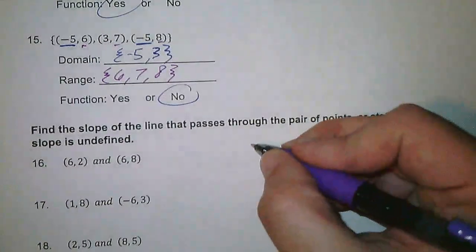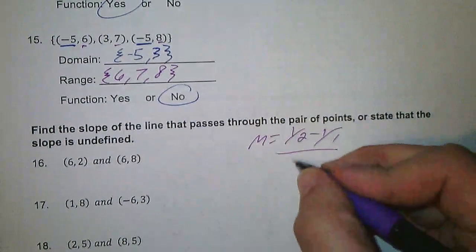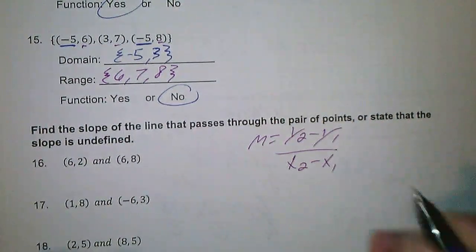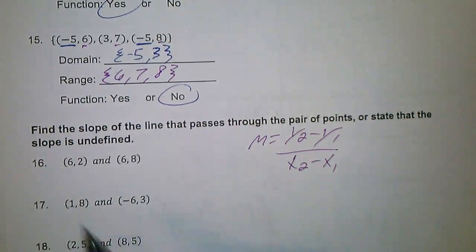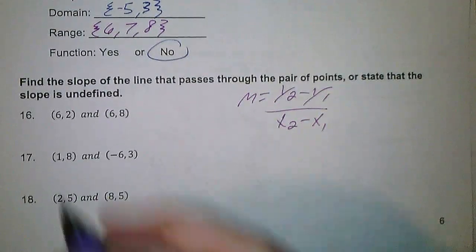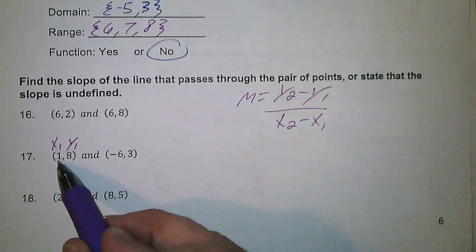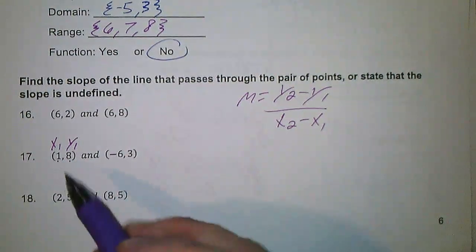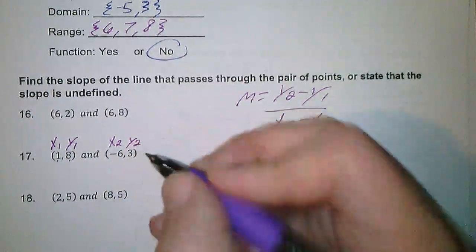You need to know the slope formula is y2 minus y1 over x2 minus x1. We'll start with number 17 here. I suggest you label your points. That's our first x and our first y, so x1, y1, x2, y2.